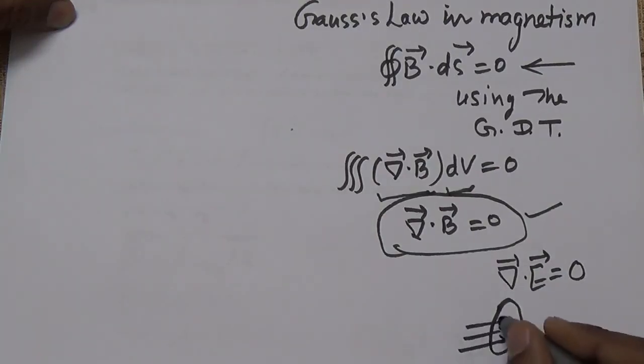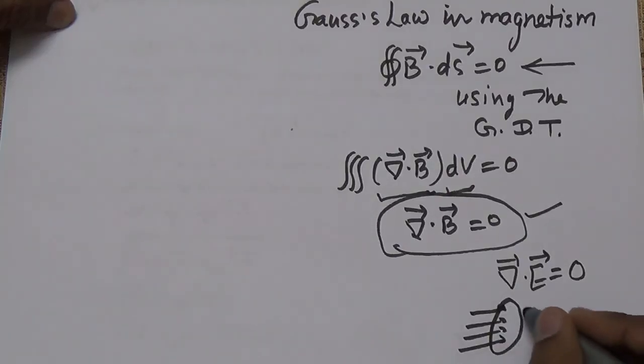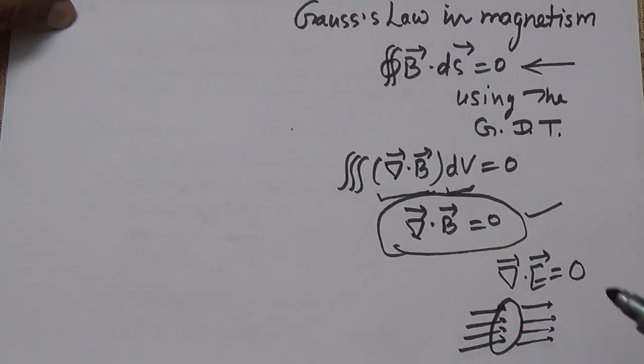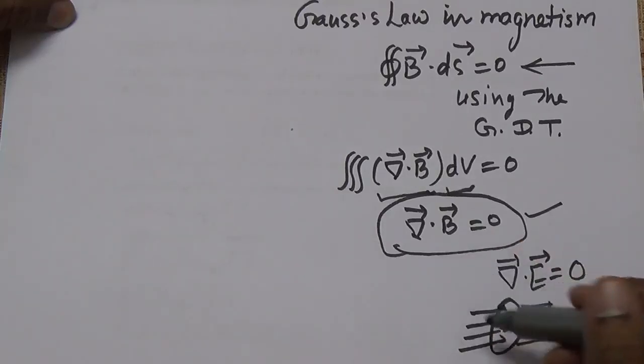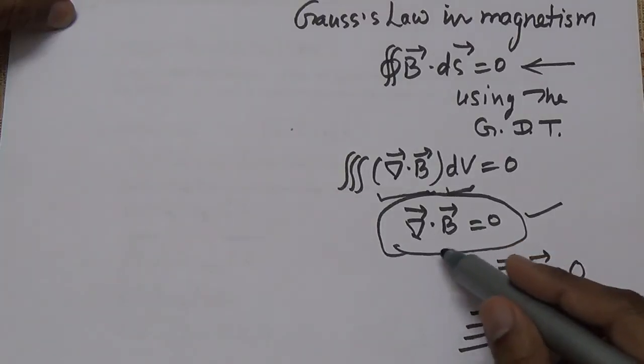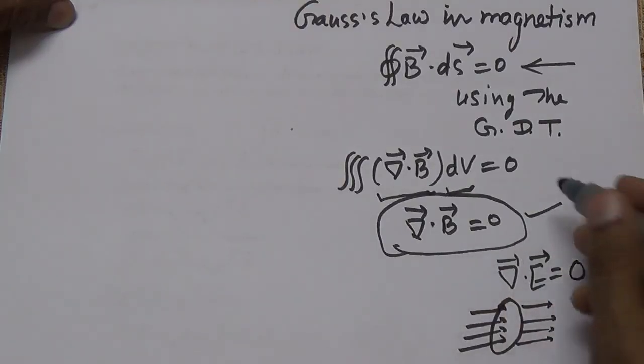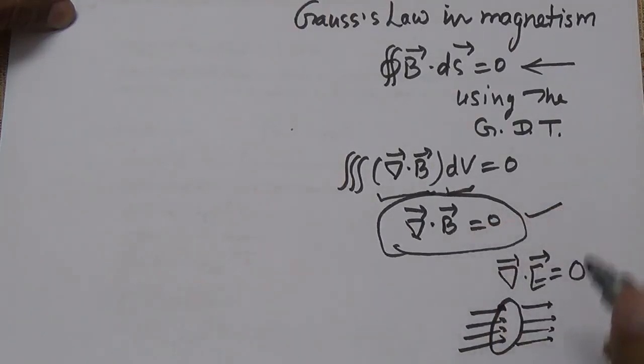The flux entering from one surface is equal in amount to that at the second end, so the total flux is equal to 0. So what will be our conclusion from this equation? That monopole does not exist. Del dot B is equal to 0.